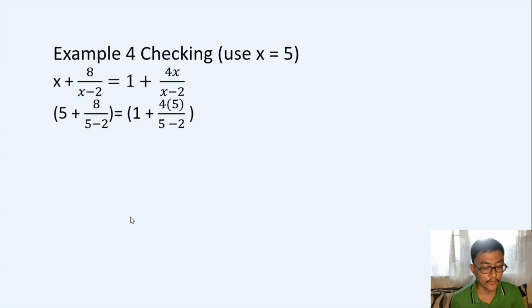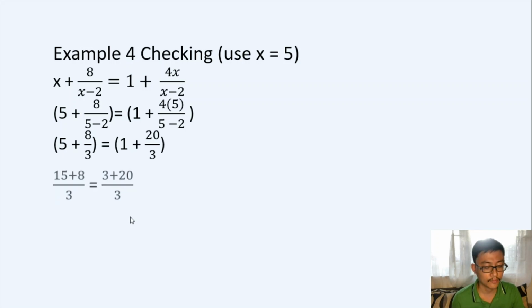5 plus 8 over 5 minus 2 equals 1 plus 4 times 5 over 5 minus 2. So, magiging 5 plus 8 over 3 equals 1 plus 20 over 3. Then, cross lang natin yung 3 times 5, that's 15, plus 8 over 3.